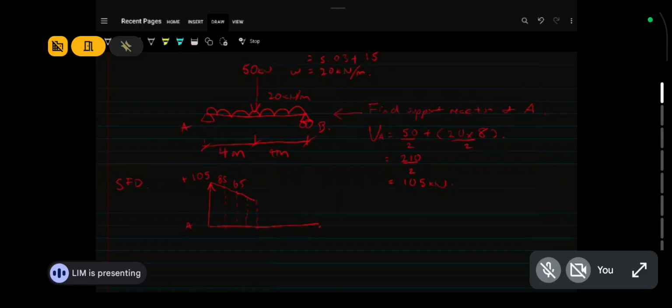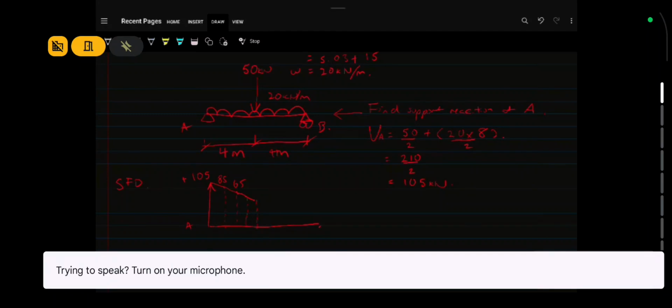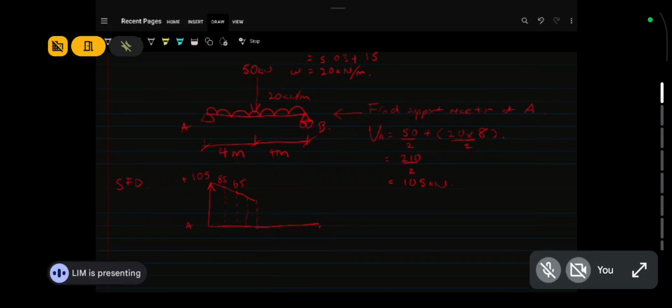So by the time you get to the center, you would have lost 20 times 4, you would have lost 80. So the shear force in the middle is 105 minus 80, minus the 20 times 4. So it's positive 25 once you get to the middle.